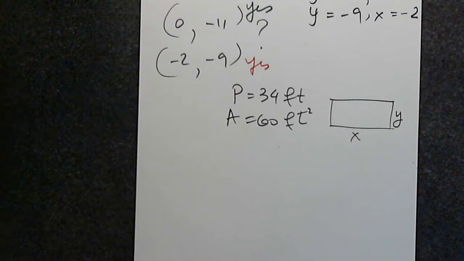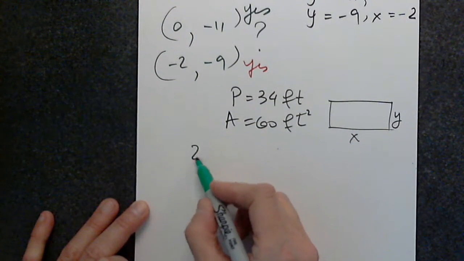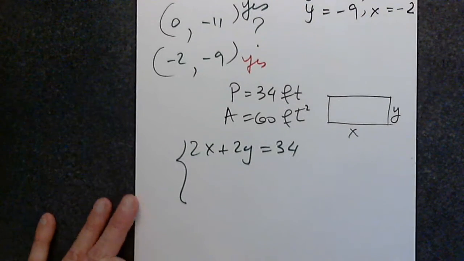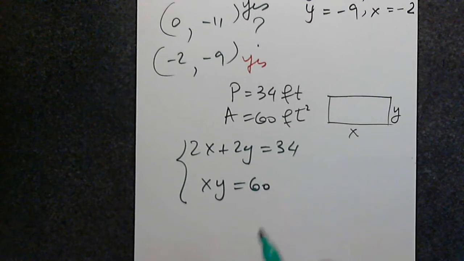How do I write the perimeter? So 2x plus 2y equals 34. That's the perimeter. And then the area: x times y equals 60.